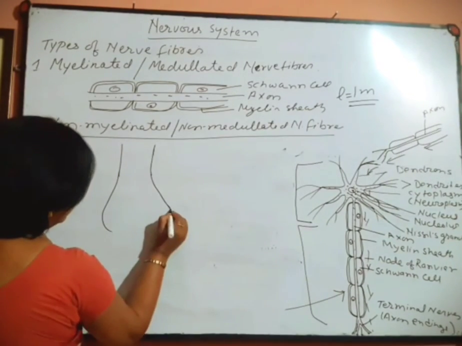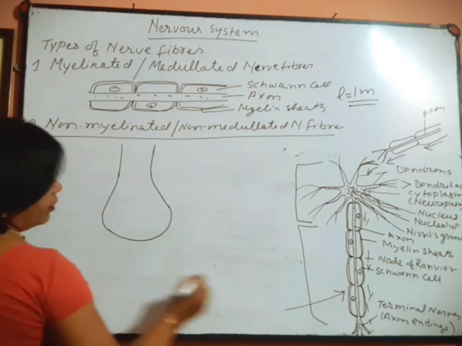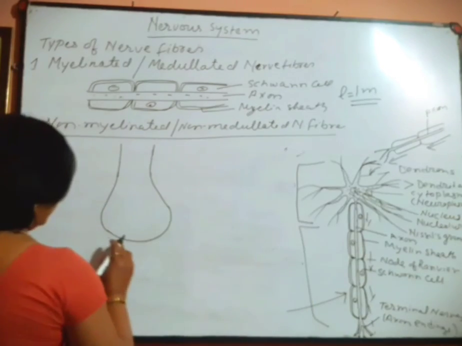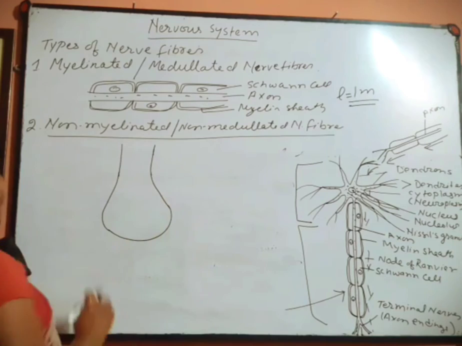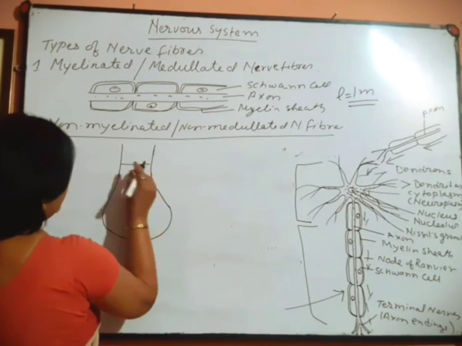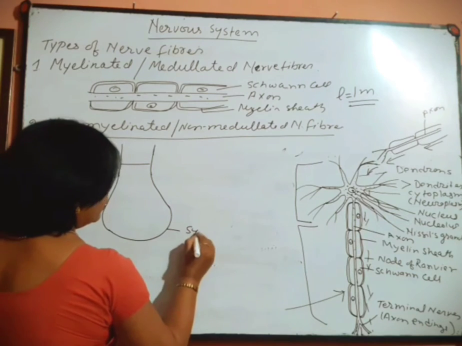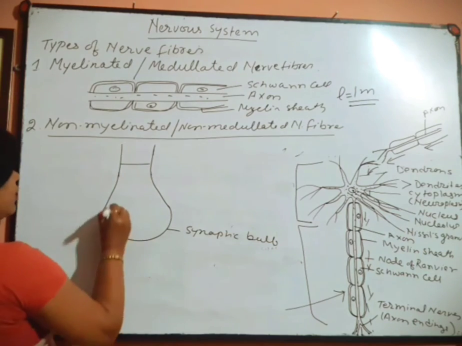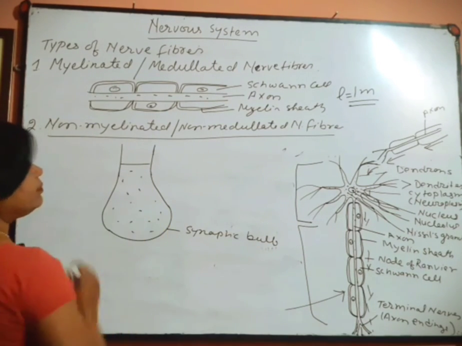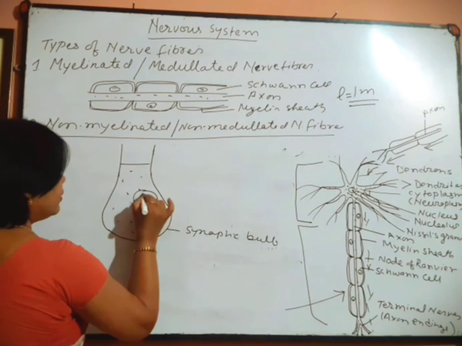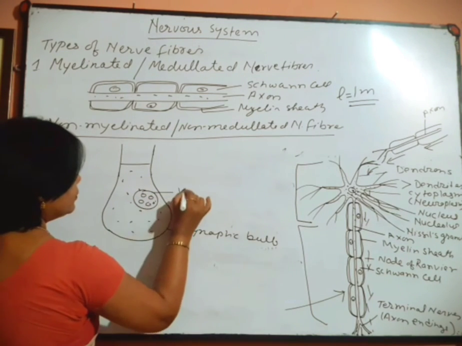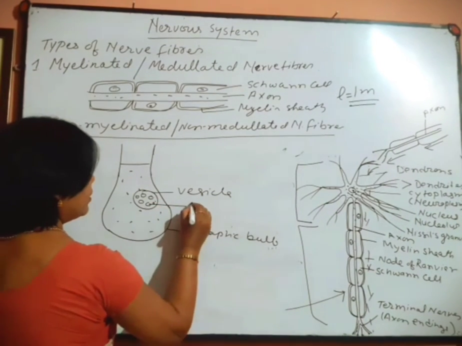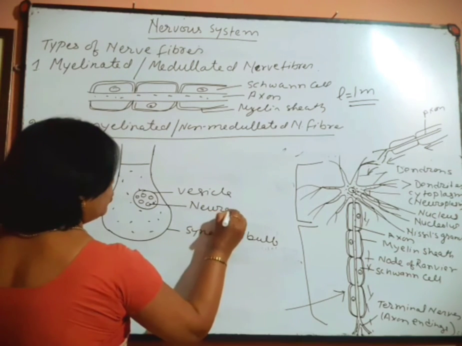The end of the axon has many nerve fibers, and all the nerve fibers terminate into a bulb, and this is called the synaptic bulb. This synaptic bulb contains cytoplasm and vesicles, and these vesicles have chemicals, that is, the neurotransmitter.